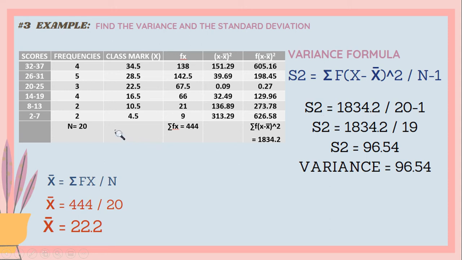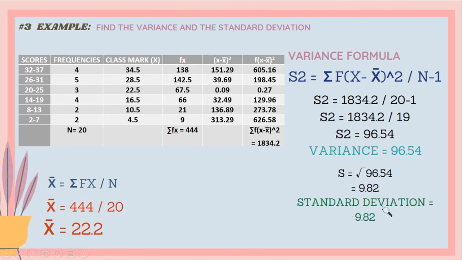And then the summation of frequency, which is 20, subtract 1, so it will be 19. And then 1834.2 divided by 19 is equal to 96.54. So our variance for this data set is 96.54.